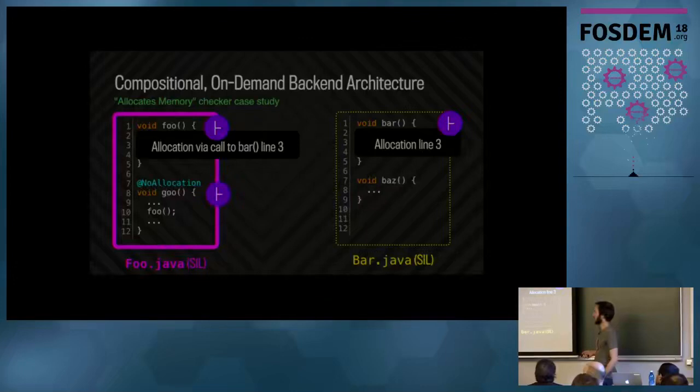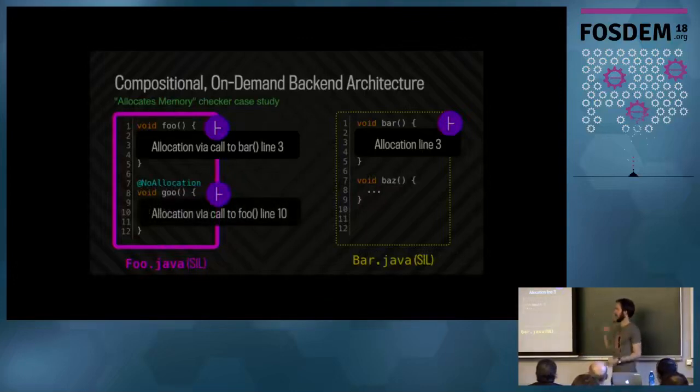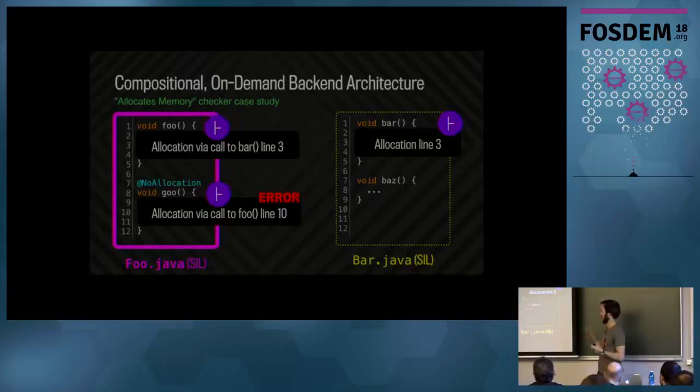We go look at foo and see that its specification says it allocates, so goo also allocates. And because goo is marked no allocation, we report here. Note also that in goo, we only record that it calls foo, and we don't follow all the chain of explanation. This will be reconstructed only when needed, when we report, so that it scales more.